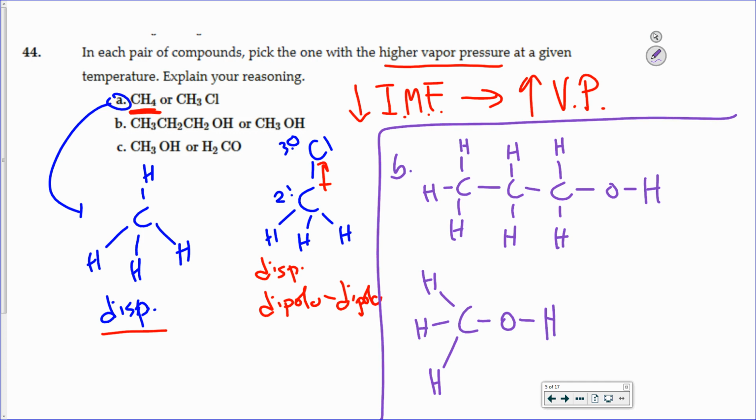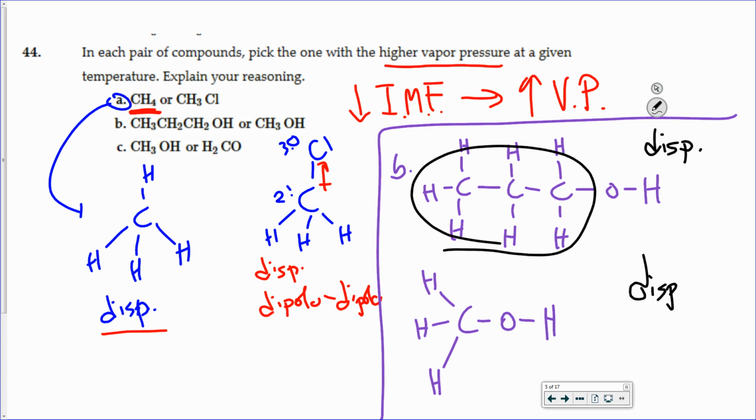Now, we know everything has dispersion forces, so we'll label that on each of them. This one has dispersion. This one has dispersion. Would one have more dispersion forces than the other? Is one substantially larger than the other one? Yeah, the bigger one's got more surface area, more contact, so this one's going to have the greatest dispersion forces. This one's going to be lower.